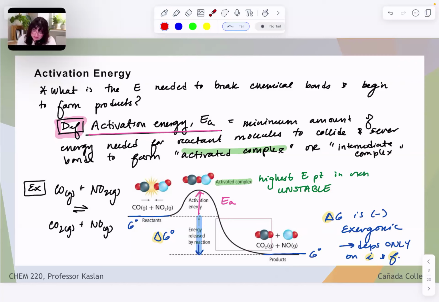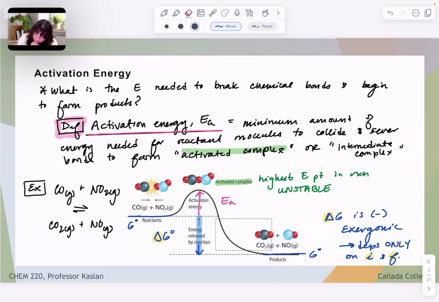So if we were looking at thermodynamics, we're looking here, but this little hump here, this little hill, this little barrier is the activation energy. So this is the energy needed to achieve this unstable state just before bonds are severed.